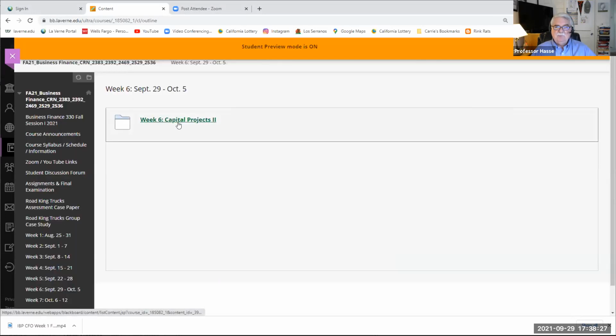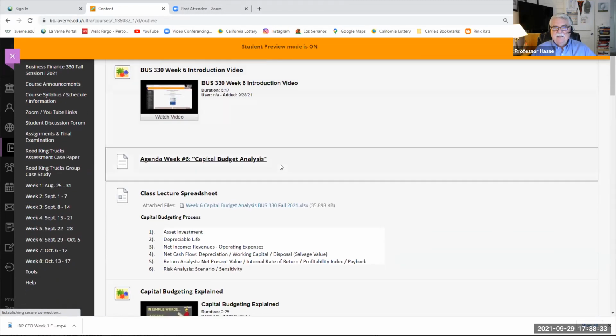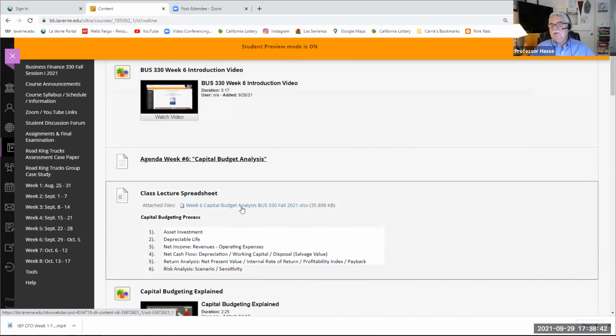Week 6, capital projects, part 2. And here it is right here. Class lecture spreadsheet. Week 6, capital budget analysis. This is what I'm going to be doing and filling in this spreadsheet tonight.